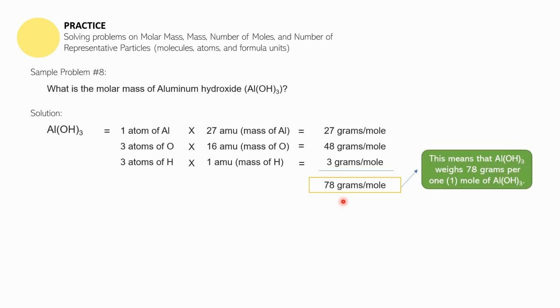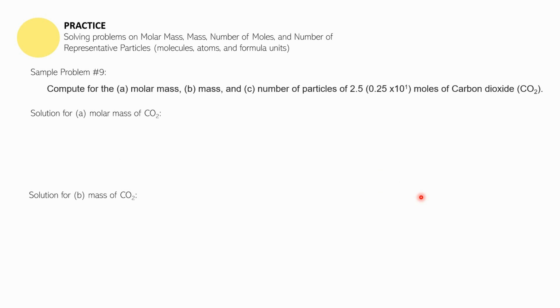Again, that means aluminum hydroxide weighs 78 grams per 1 mole. If you have 2 moles, then 78 grams, of course, is going to be multiplied by 2. Okay, so ganun lang yung concept. So let's move on to sample problem number 9.